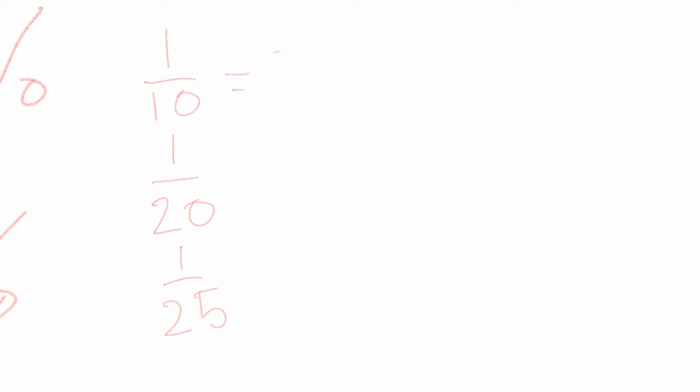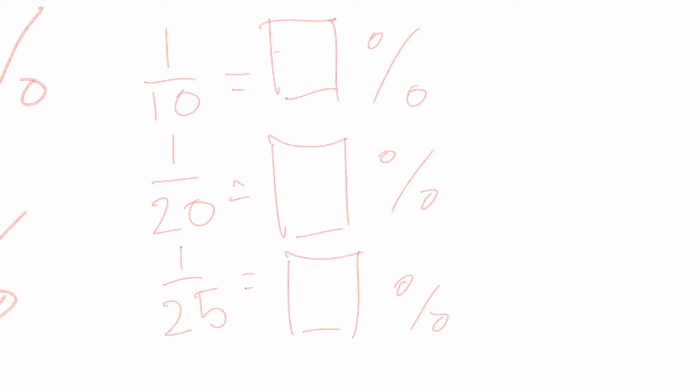All of those are a factor of 100, so finding a percentage value of these shouldn't be a problem. Now, this is the time to pause your video and try to find the percentage value of these fractions. Pause the video, and I shall wait.